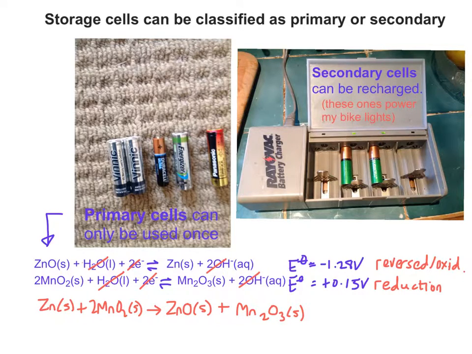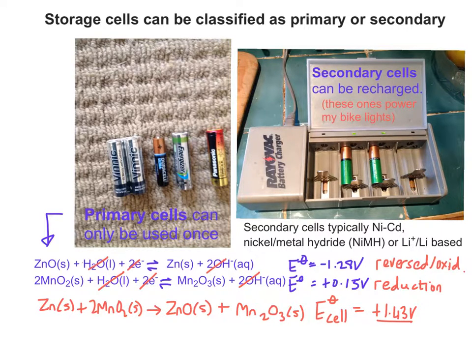By cancelling the common species, H2O, OH- and the electrons, you can come up with this overall equation for the redox reaction. And it would obviously be plus 1.43 volts.